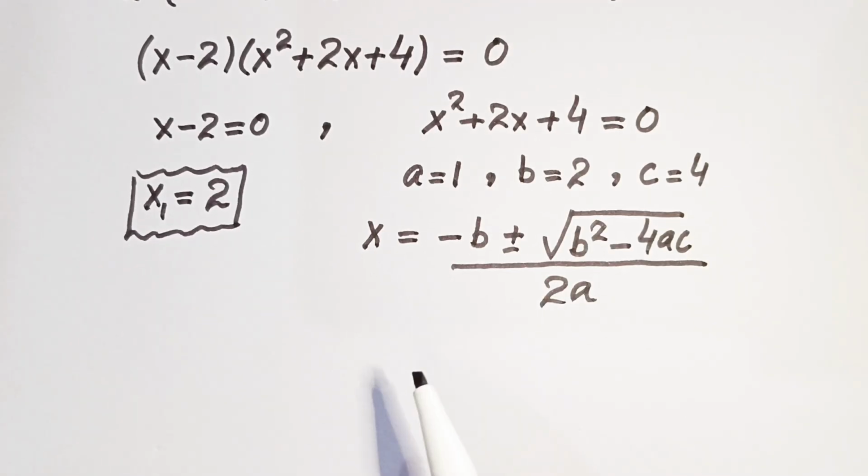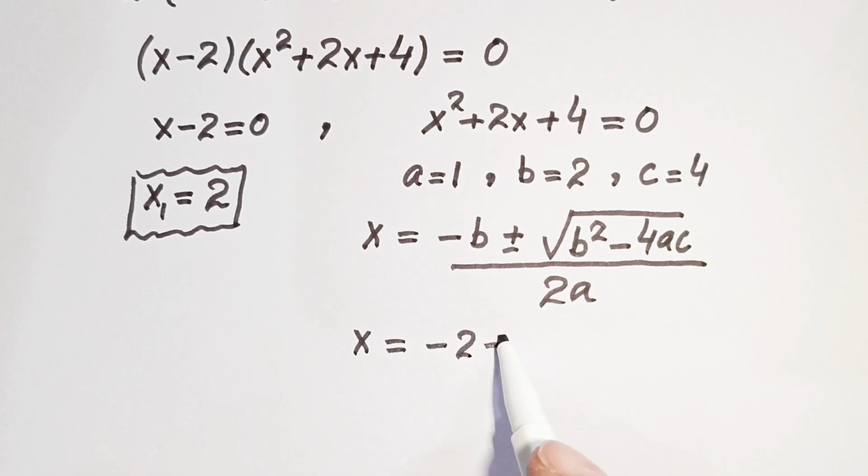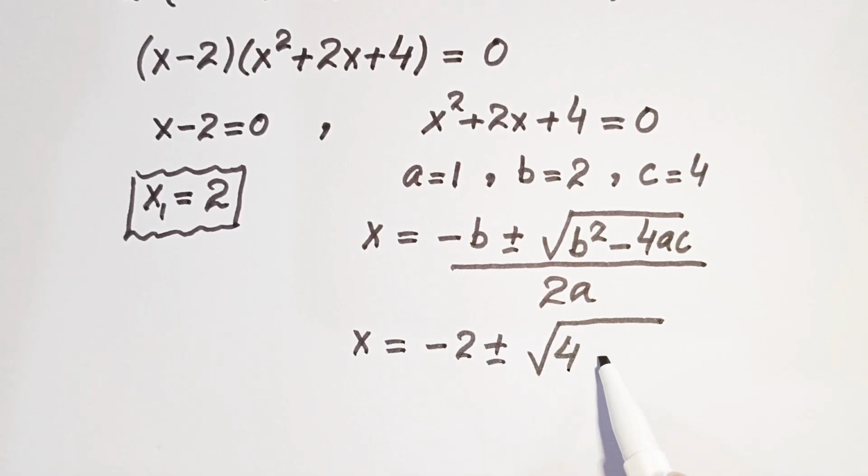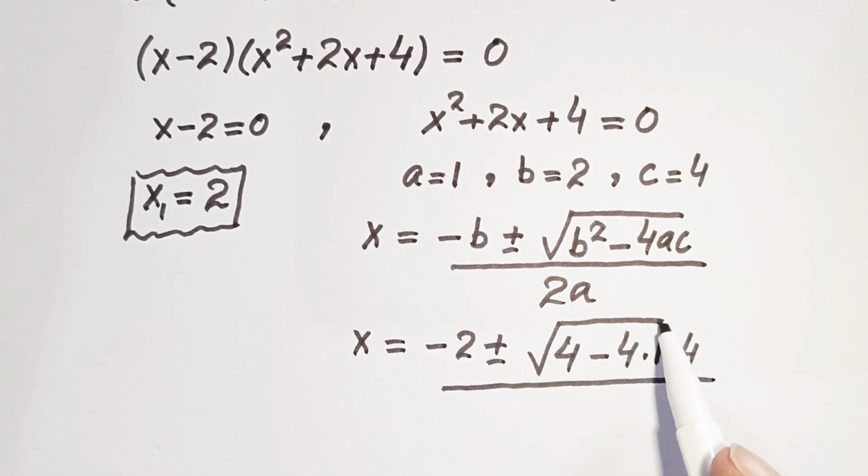So here x is equal to minus 2 plus or minus the square root of b squared, meaning 2 squared, which is 4, minus 4 times a, which is 1, times c, which is 4, all over 2 times a, so a is 1.